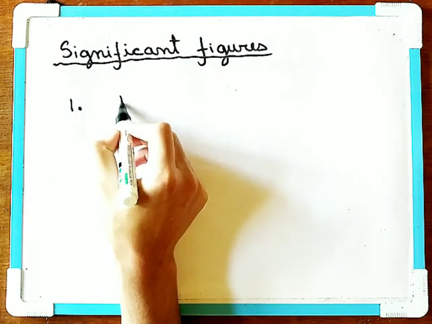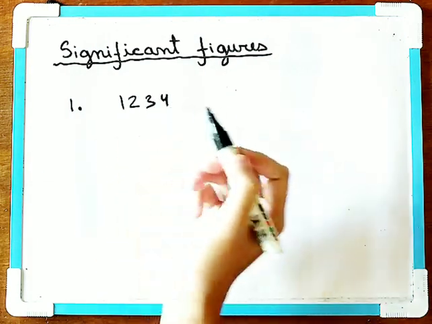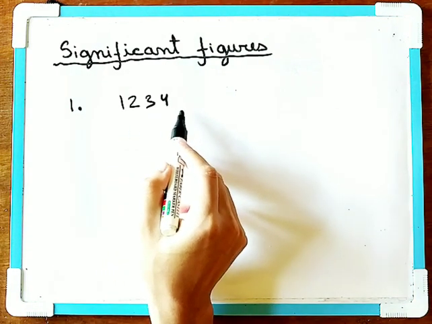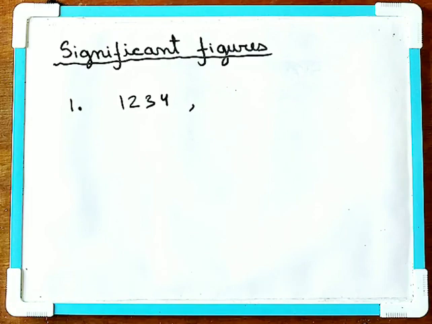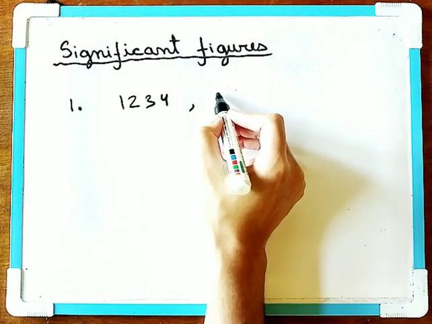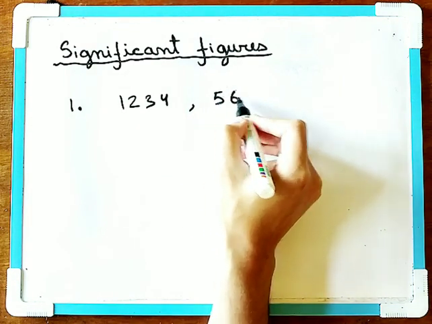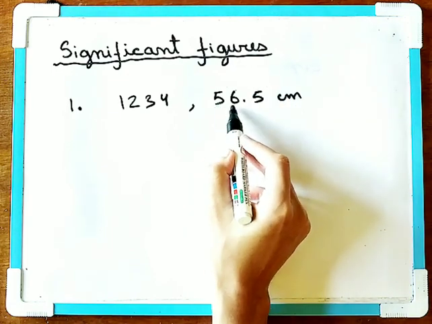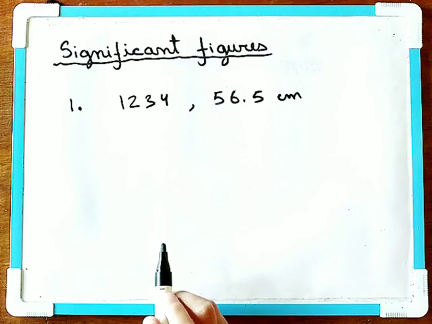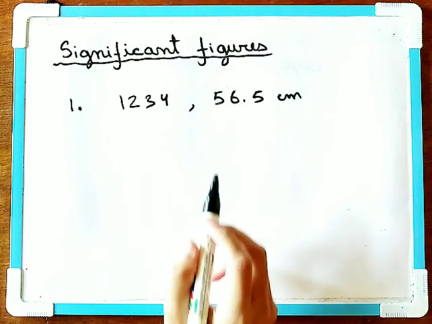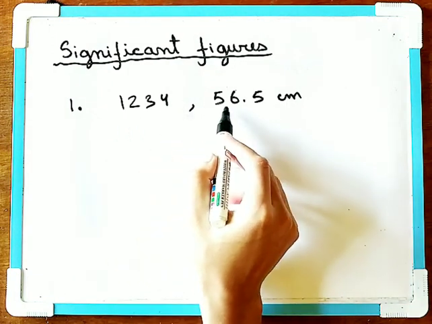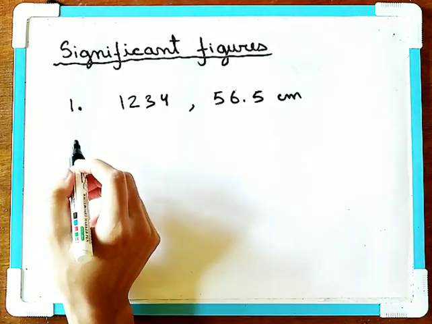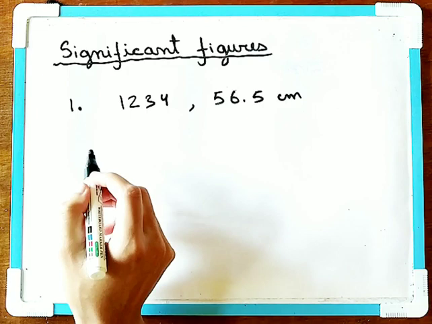For example, 1, 2, 3, 4. If you have this number here, then all these are significant figures. And suppose you have 56.5 centimeter, then all these non-zero digits are significant figures. So here we have 4 significant figures, and here we have 3 significant figures. So that is the first rule.